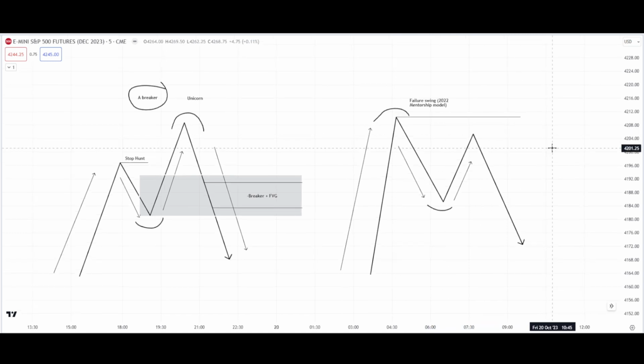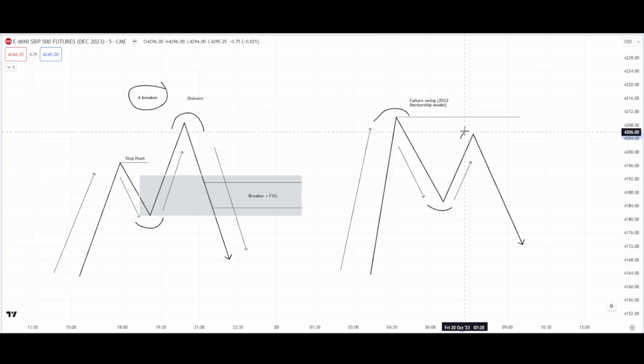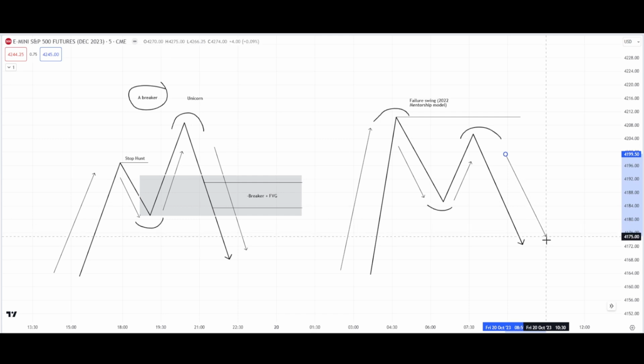This is a failure swing. After the failure swing occurs, another swing high is created. After the swing high is created, we see another move lower that creates a market structure shift and displacement. Since there is no stop hunt, this cannot be a unicorn.